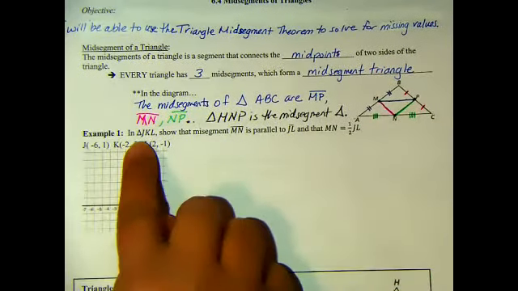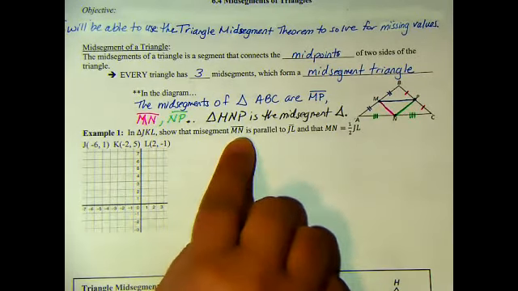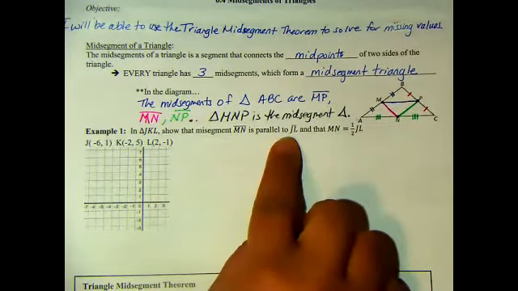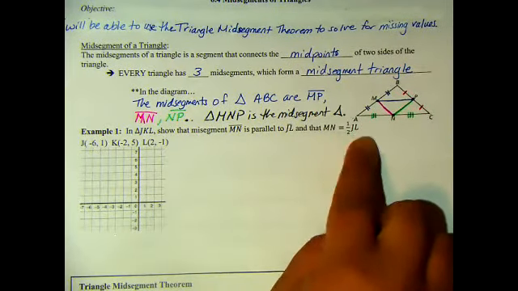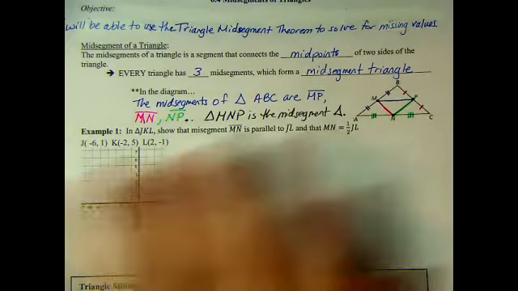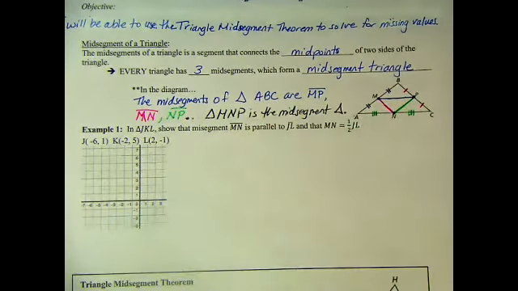It says in triangle JKL, show that mid-segment MN is parallel to JL and that MN is 1/2 of JL. This is a very involved proof, and this is where your warm-up comes in.